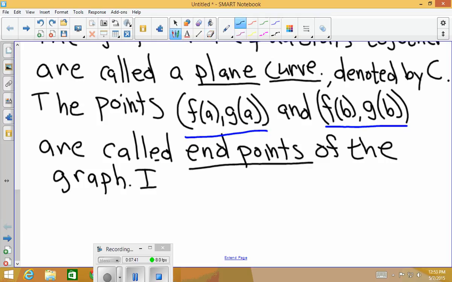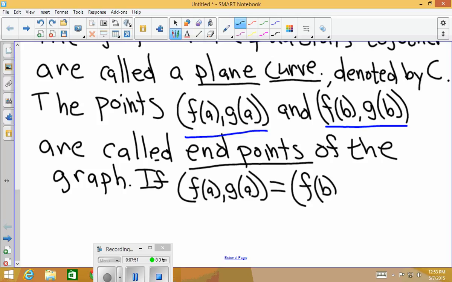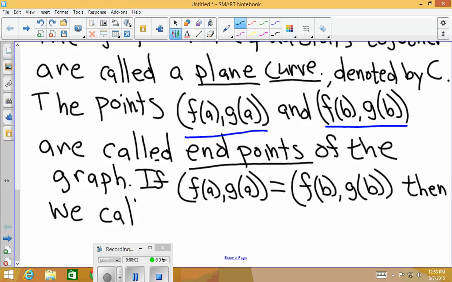If those two points are the same, in other words, if they are the same point, they're equal, then we call the curve a closed curve.